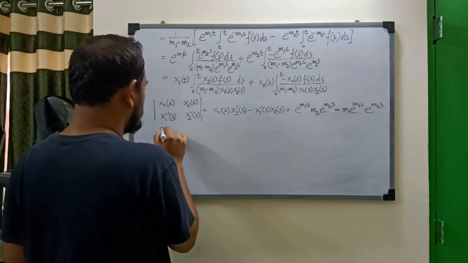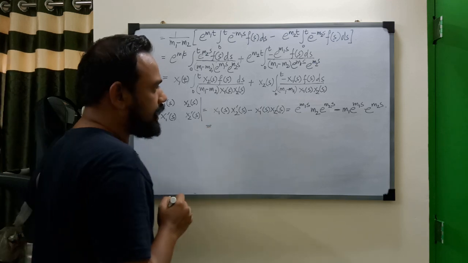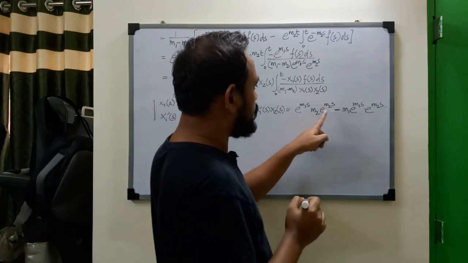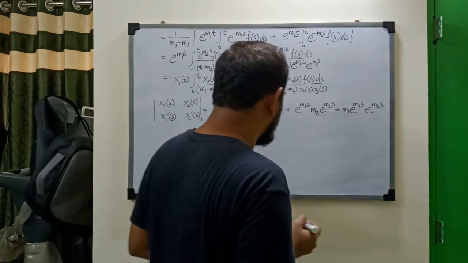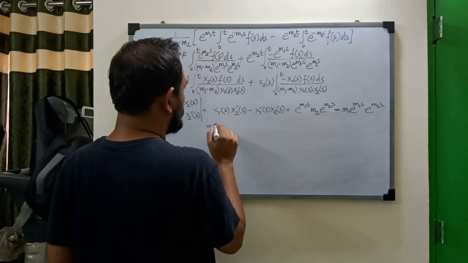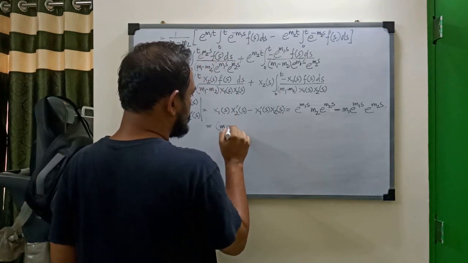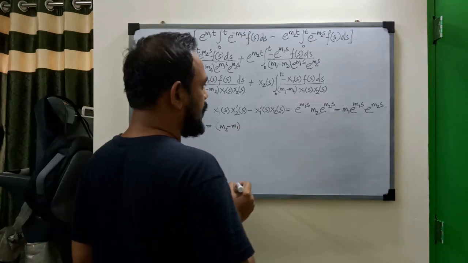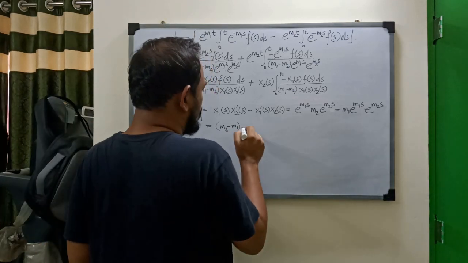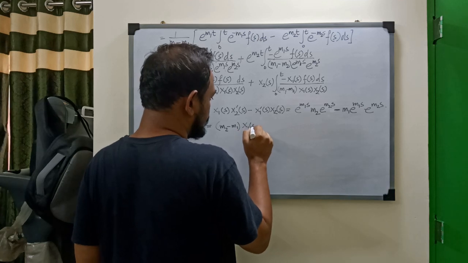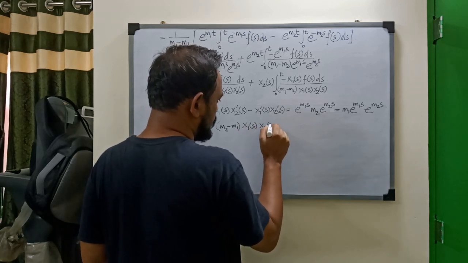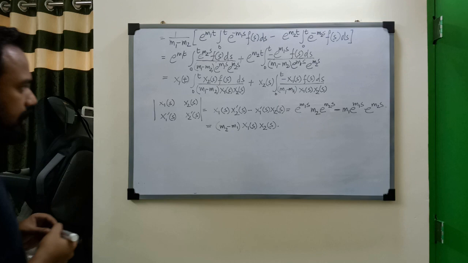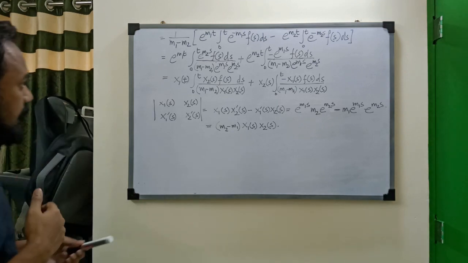And then that really becomes what? You can see e to the power m1 s and e to the power m2 s are common, and you're left with m2 minus m1, and this one, so e to the power m1 s is obviously x1(s), and the next one is x2(s), e to the power m2 s, okay?